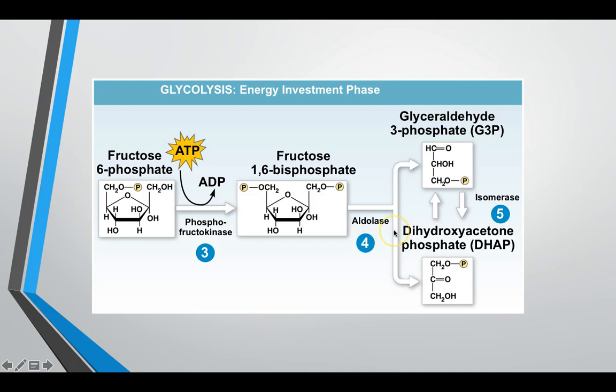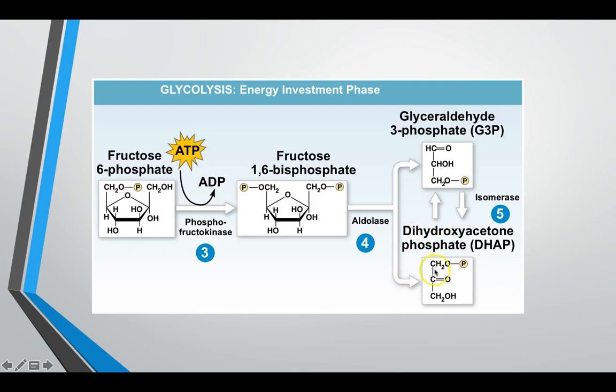The aldolase is going to assist with changing fructose 1,6-bisphosphate into 2 3-carbon molecules, G3P, or glyceraldehyde 3-phosphate, and dihydroxyacetone phosphate, DHAP. G3P and DHAP are isomers of each other.